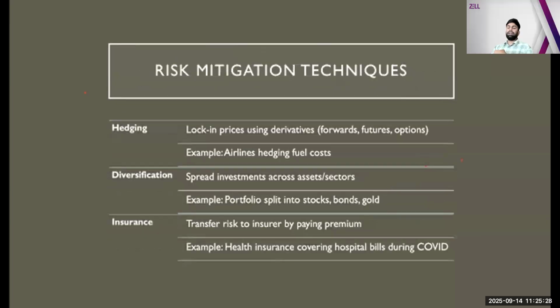Next is, yesterday we were covering some aspects. What did we study in yesterday's session? Types of risk. What are the 4 types of risks that we studied yesterday? Market risk, credit risk, liquidity risk, and operational risk.